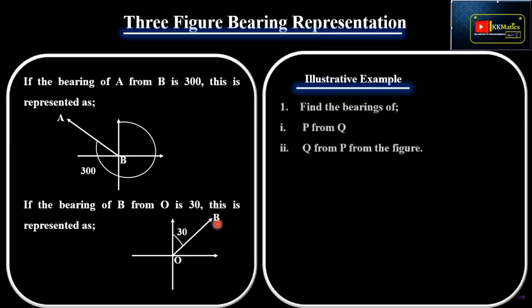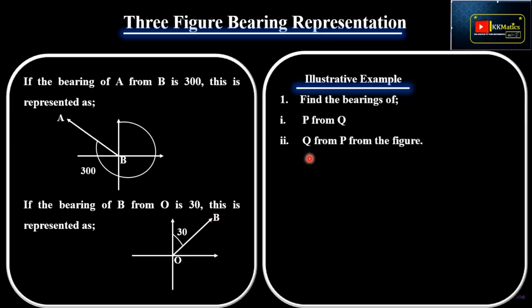Illustrative example. Find the bearings of P from Q and Q from P from the figure. From this figure, you notice that we have a triangular form. The bearing of P is beta and the bearing of Q is theta.